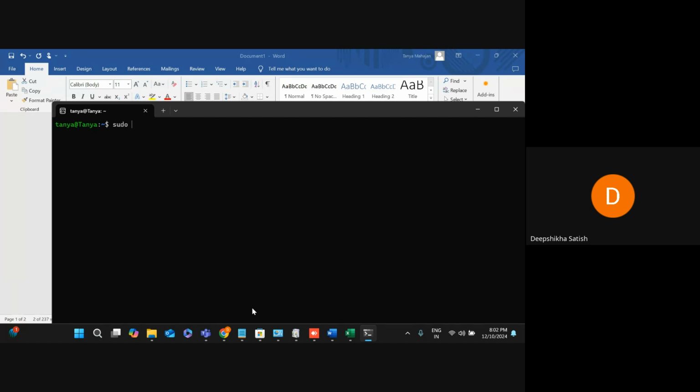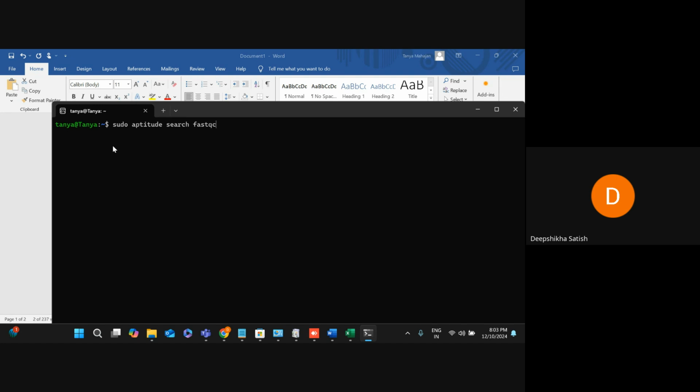The first command is sudo aptitude search, your tool name. So what was the first tool name after raw data? Tell me. FastQC, right? FastQC tool.